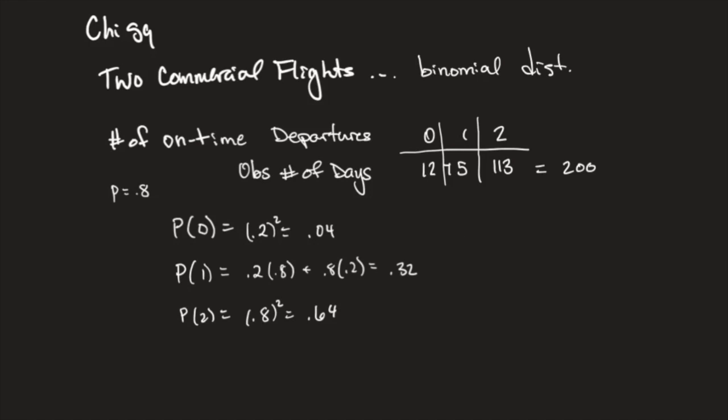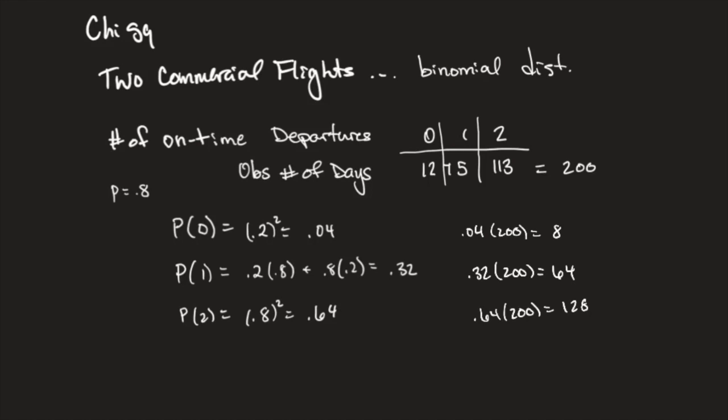So let's do that real quick. 0.04 times 200, that's going to be 8. Then 0.32 times 200, that's going to give us 64. And then 0.64 times 200, it's going to equal 128.